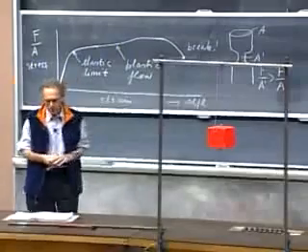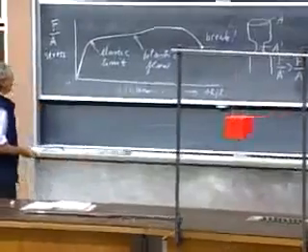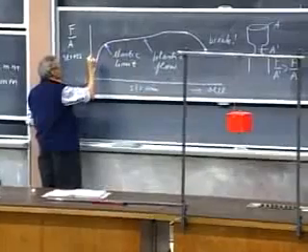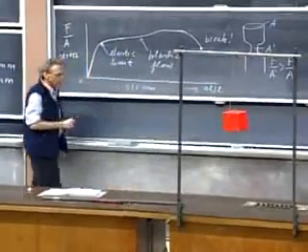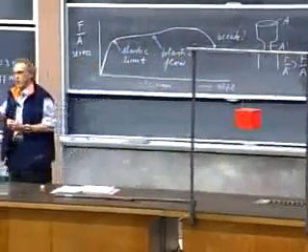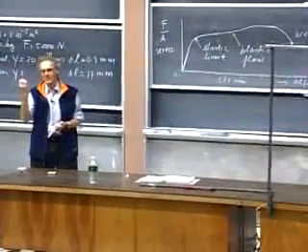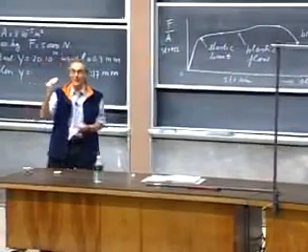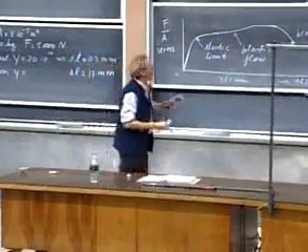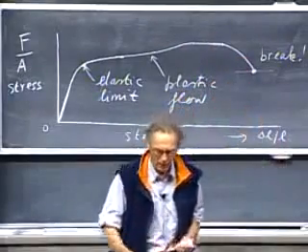There are machines specially designed to test these metals, and they go up in very small steps of F, and so they trace this whole curve. But by the time they get into the plastic flow area, before they increase the force, they decrease it first. And if delta L gets larger when they decrease it, they continue to decrease it. And so that's the way they can map out also this portion. But we will not be able to do that.